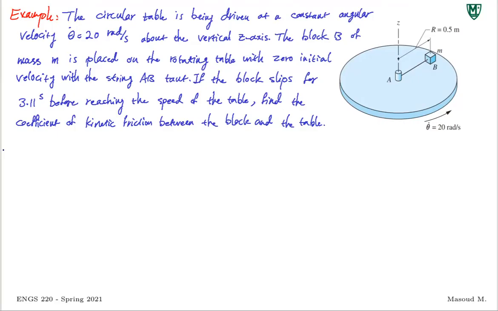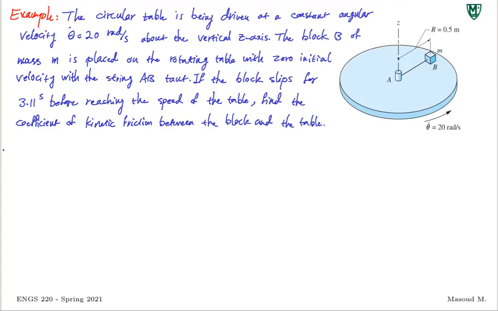Now, this block B is attached to this vertical axis Z using this string, while this string is totally stretched. Right? We put the block on the disk, this rotating table. Right? Just leave it there, so with initial velocity, we put it there. What happens is that at the beginning, it starts slipping.